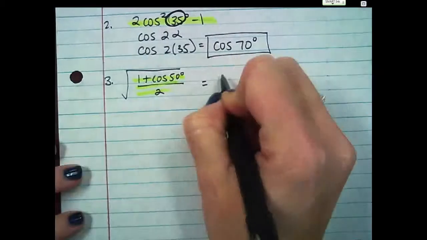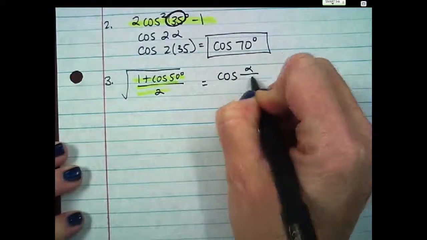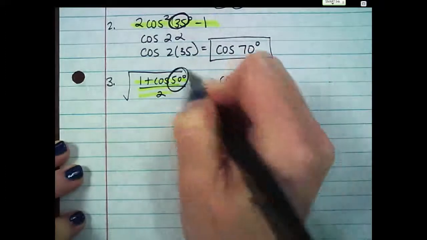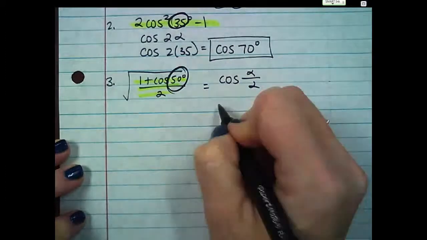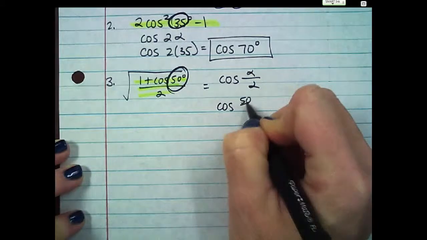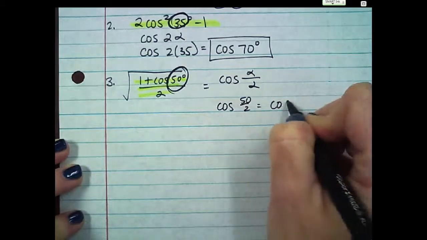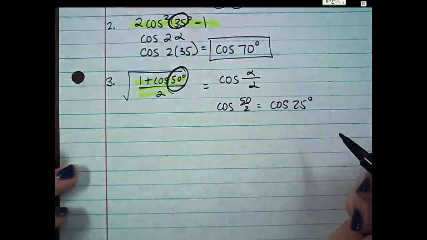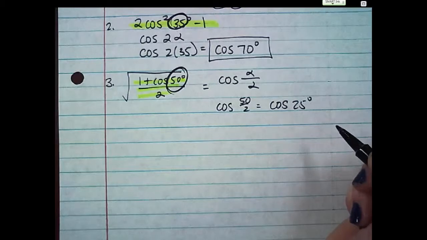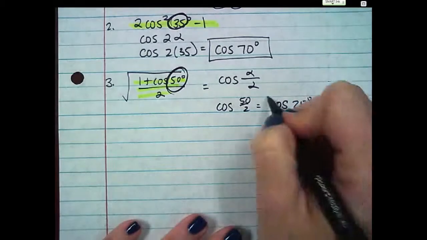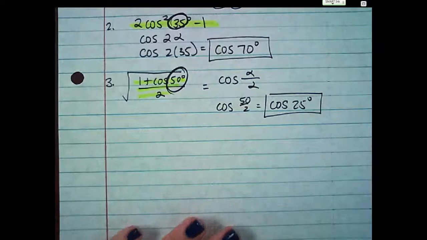So I want cosine of whatever alpha is divided by 2. Well, in this case, alpha is 50. So I want cosine of 50 divided by 2, so cosine of 25 degrees. And then again, ask yourself if that's on the unit circle, and if not, that's your answer.